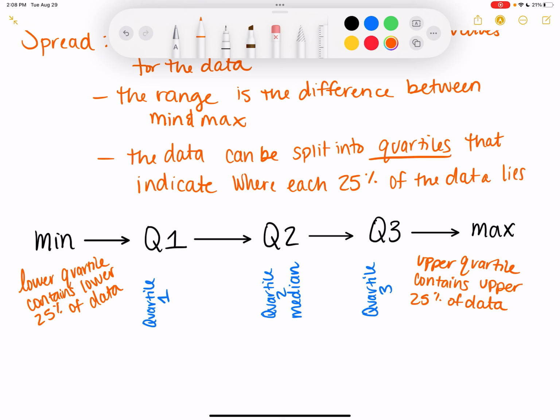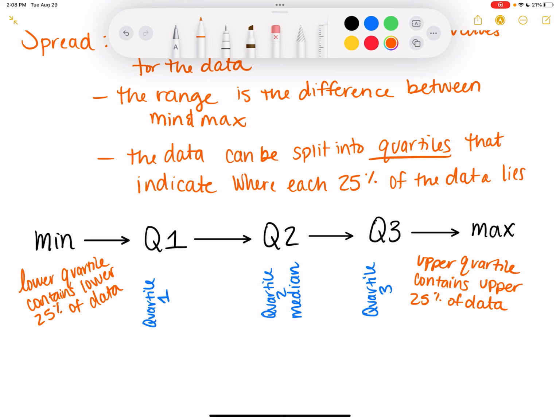Now this area here from Q1 to Q3 we call the interquartile range.